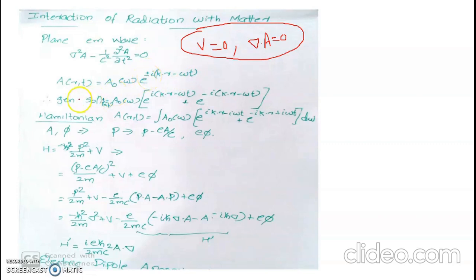Then the most general solution can be taken as a linear combination of these two solutions: A0 of omega times e raised to i into k dot r minus omega t plus e raised to minus i into k dot r minus omega t. And this indicates that we have a monochromatic electromagnetic wave having angular frequency omega and wave vector k propagating.